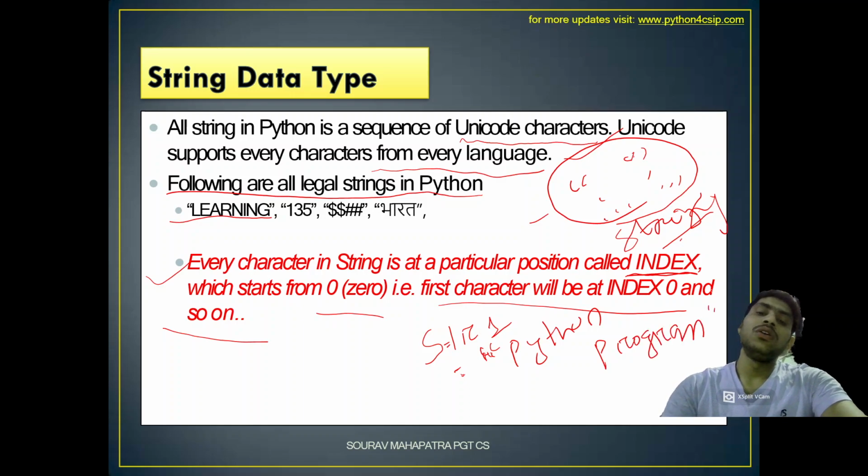Here each and every character, how will we identify, how will we access? Through the mechanism of index, and index always starts from 0: 0, 1, 2, 3, 4, 5, like this.